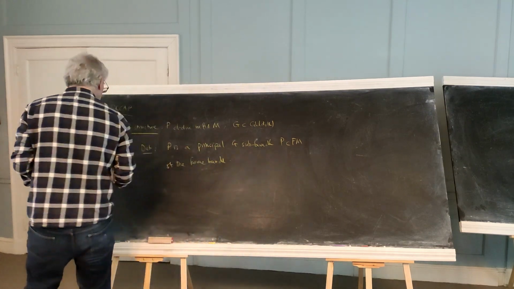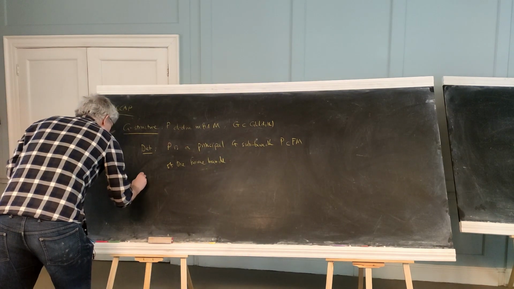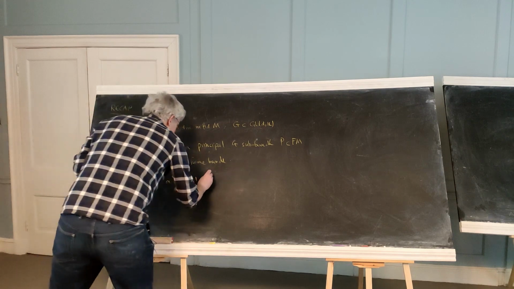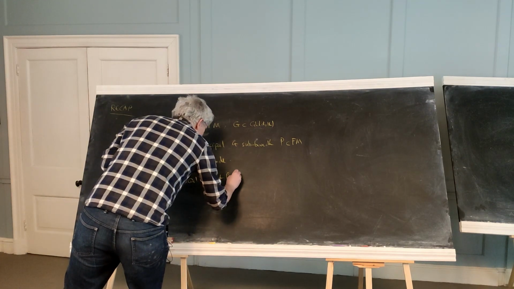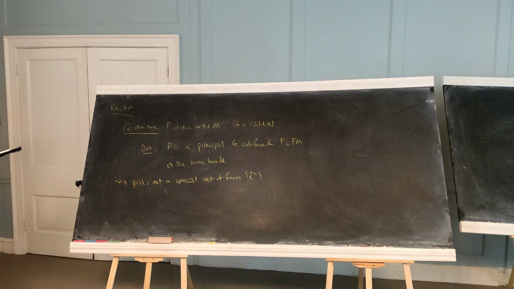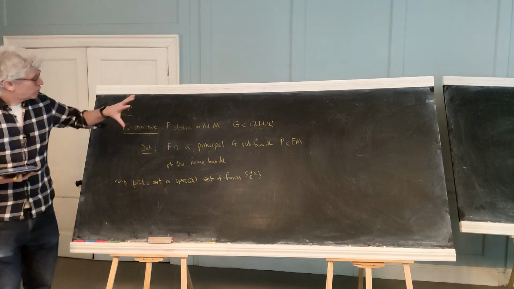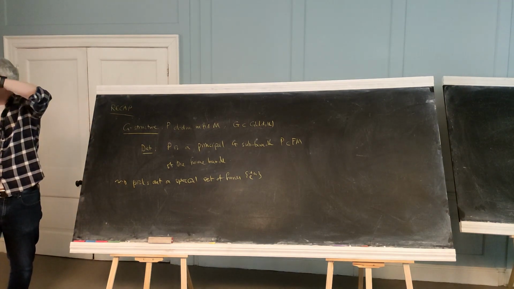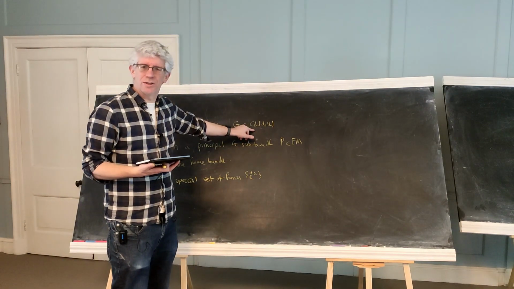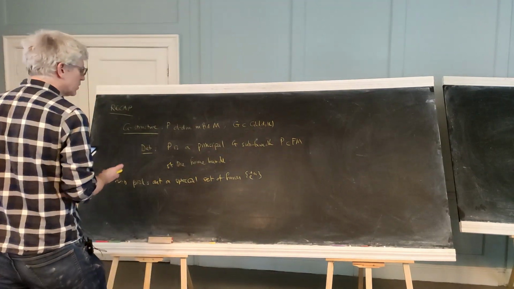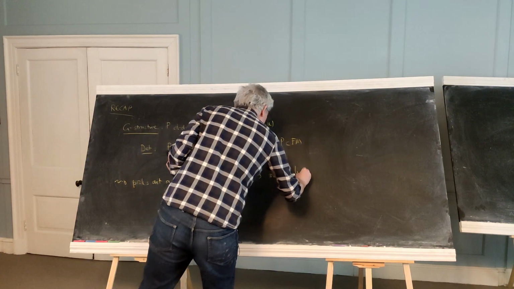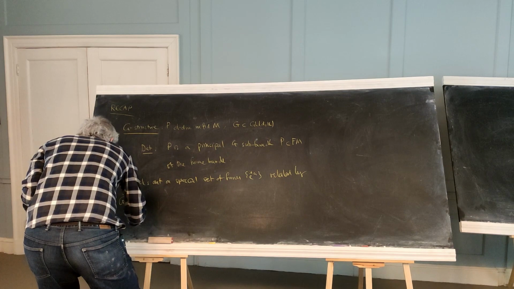So if you like, what it does is that it picks out a special set of frames, or special sets of frames, which transform into each other. A frame is just a basis for the tangent space. Two general frames will be related to each other by some GLd transformation at each point. So for a G-structure, you get a special set of frames which are related by G transformations.